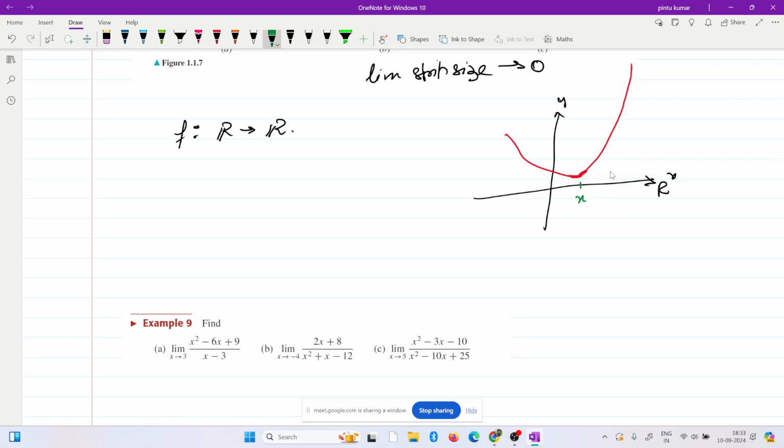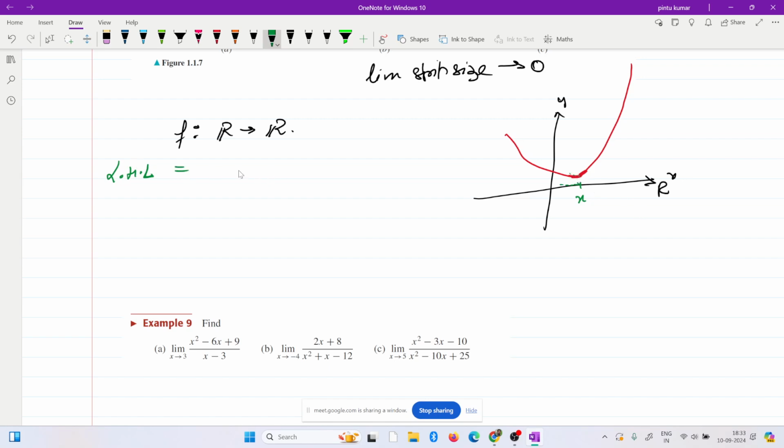Okay. So how do we define limit is, there is something called left hand limit. Left hand limit is, if you keep coming closer to X from the left hand side, what is the value of f of X that you are getting? Okay.